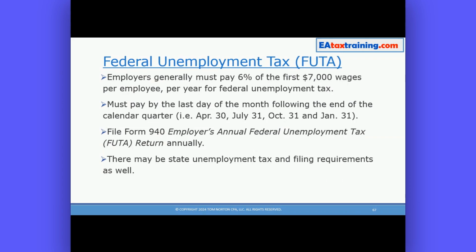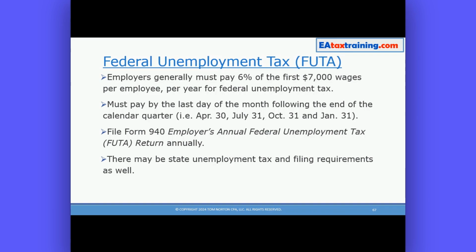Federal unemployment tax. Employers generally must pay 6% of the first $7,000 of wages per employee per year for the federal unemployment tax. So any employee that you pay, you have to pay 6% on their first $7,000 of wages. And of course, you could also have state unemployment tax, but that's not part of the EA exam.